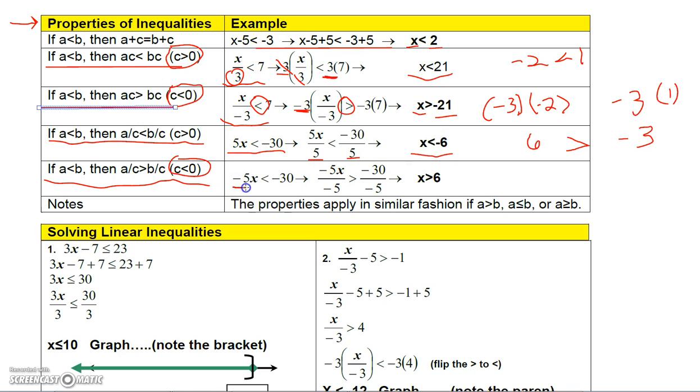But if I wanted to solve negative 5x is less than negative 30, then now I've got to divide both sides by negative 5, and when you divide by a negative, remember the inequality has to switch direction, so it's going to switch to greater than. So I'm going to have x is greater than, and negative 30 divided by negative 5 is 6. So I have x is greater than 6 as the solution for that one.